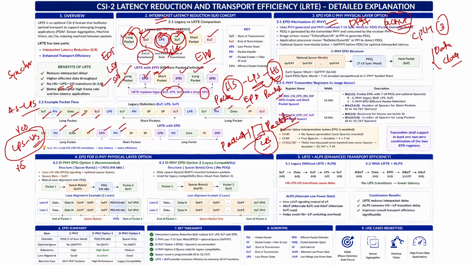And it also has a packet delimiter quick, PDQ, called packet delimiter quick. What is the use of this packet delimiter quick? It generates some user interface sync words. While going to the physical layer, it will generate some user interface sync words, like in between the data you are sending, a sync word is there.